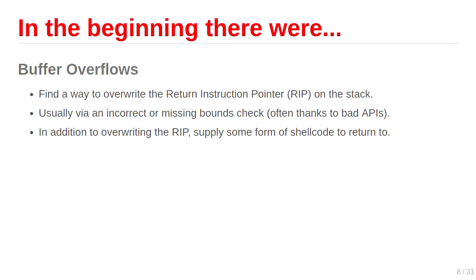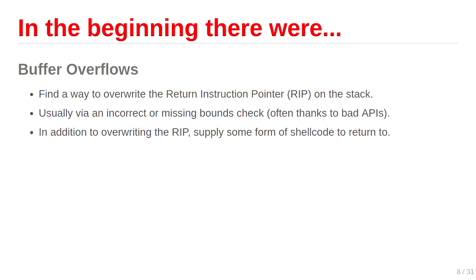So pretty much in the early days, most of the attacks centered around buffer overflows. And this was basically using some sort of technique to find a way that we could overwrite the return instruction pointer on the stack. Quite often, this is due to incorrect or missing bounds checks. A lot of these were due to bad or poor or very difficult to use correctly APIs, and this still exists somewhat today.